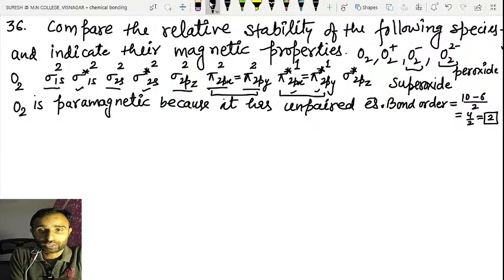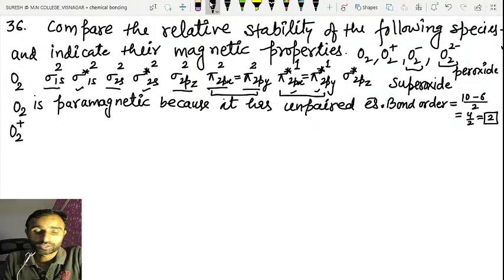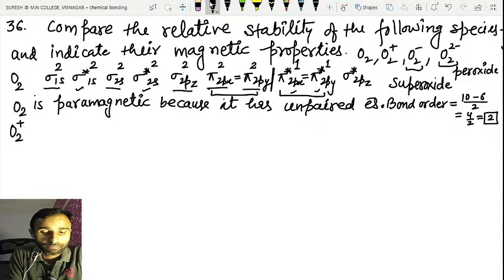In O2 positive, one electron is removed, rest is same. See, up to this, it is same. Only one electron is removed from pi star 2px, pi star 2py.